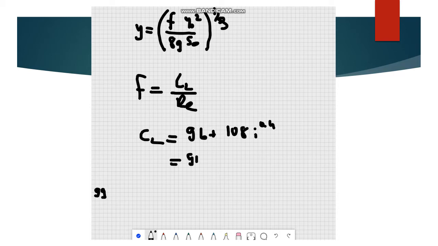So 96 plus 108 times 1 to the power 0.4, which gives CL equal to 204. Okay, we already found CL, but we don't know the Reynolds number, so we need to calculate it now.